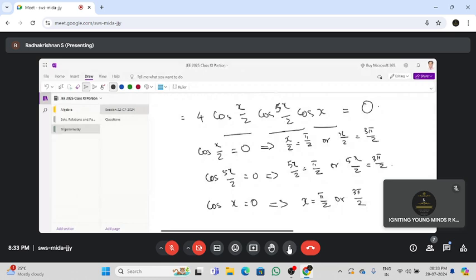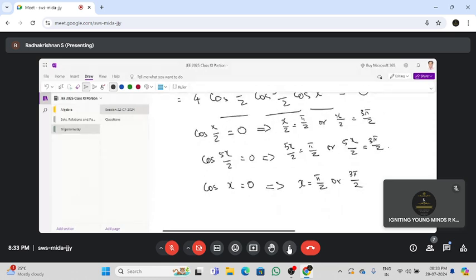Let us solve each one of them. So this gives me x by 2 equal to pi by 2, so x equal to pi.